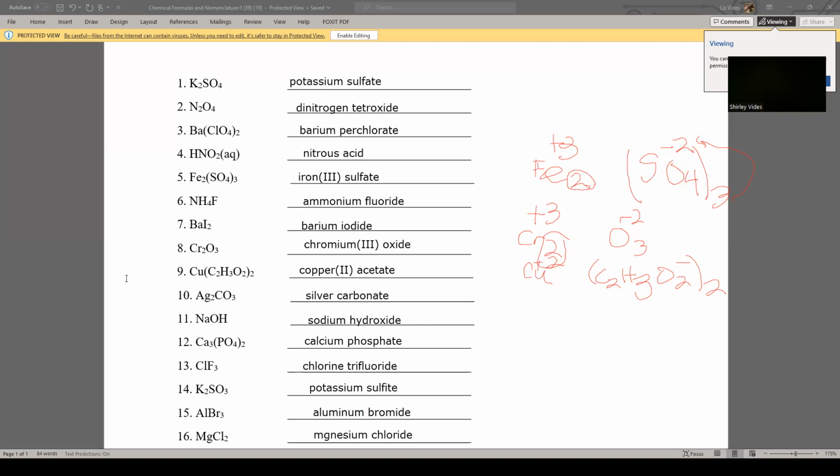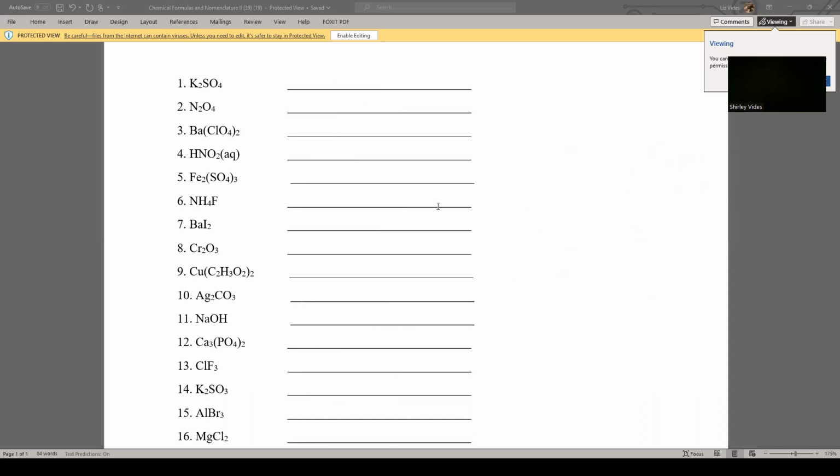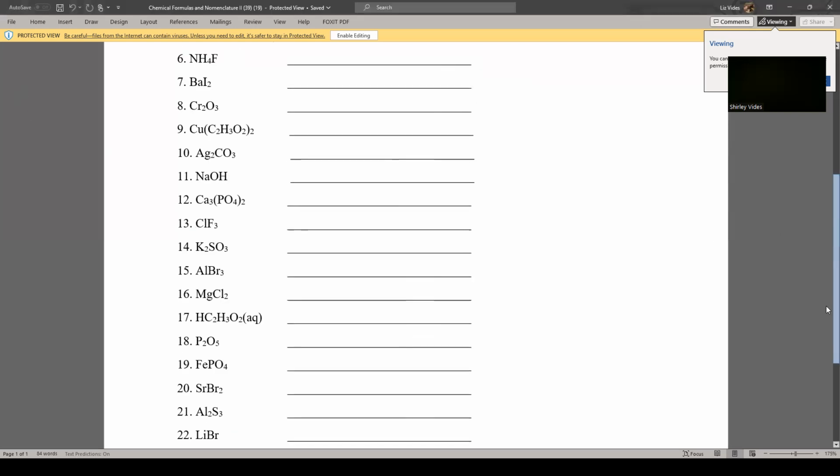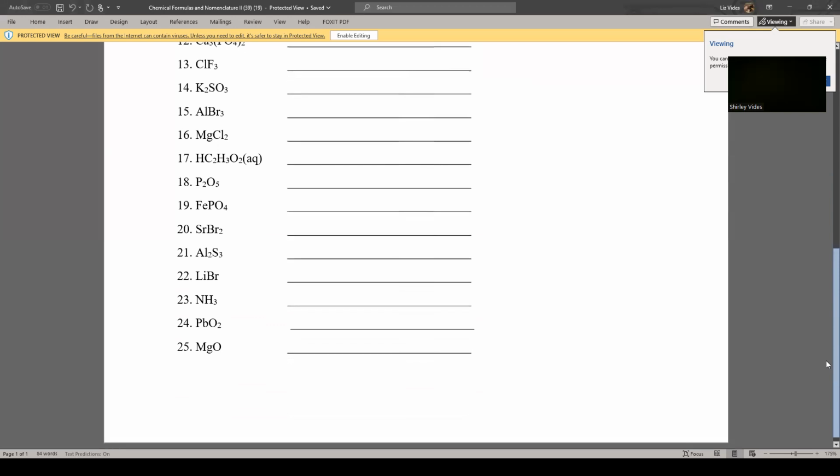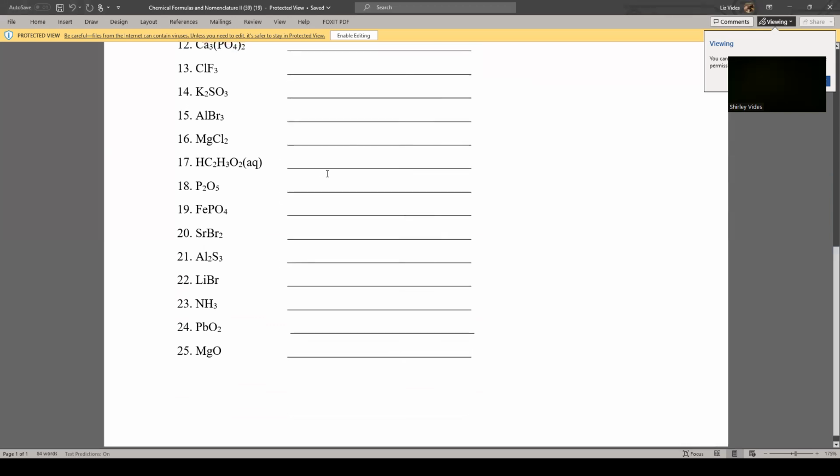All right, let's clear the drawings and go to the last, however many there are. What is it? 9? Yeah, because we were at 16. Okay, so the next one's an acid. How do we know? Hydrogen. So what is C2H3O2? That is acetate. So again, acetate.